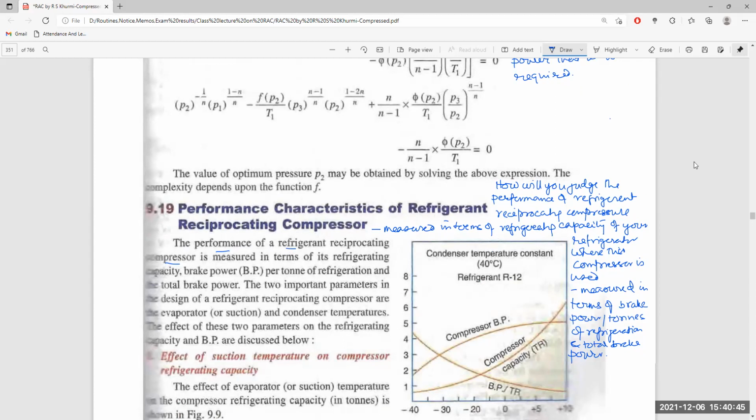Now, the important input factors are the evaporator or suction temperature and the condenser temperature. Two important temperatures.